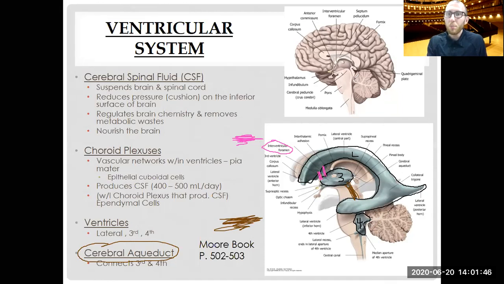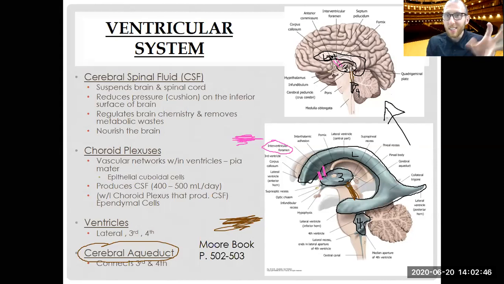Now if we jump up here, I can draw these on to show where they might be within the brain. Okay, so I've drawn these in, and you can see this bottom picture up here. You've got the fourth, which is right next to the cerebellum.